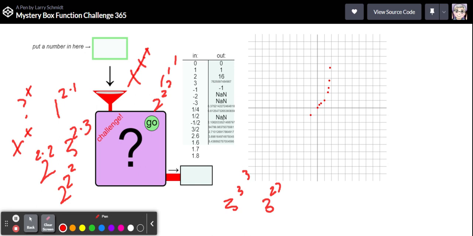I don't know if there's a whole lot of other points we can test here. Well, how about that -1? So -1 to the -1 to the -1. Well, what's -1 to the -1 power? That's just 1 over -1, so that's -1. And then what's -1 to that power? It's going to be -1 again. So that makes sense that -1 would come out as -1.